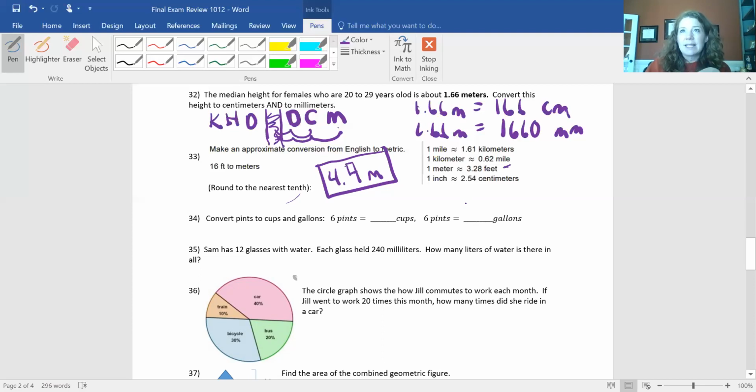So basically, you have 16 cups in a gallon. So if you're not familiar with those, you kind of need to study that, because I don't think you'll be given, for English or American standards, any kind of chart for those, only for the ones that go from standard to metric.